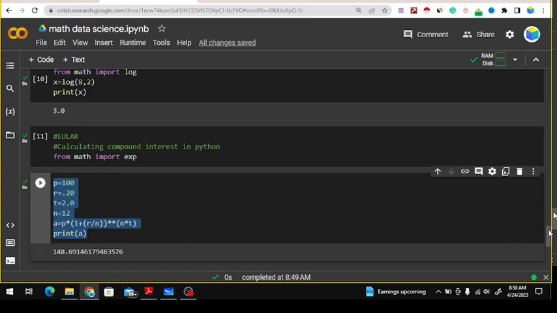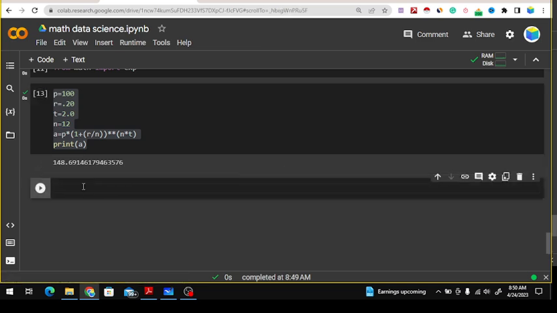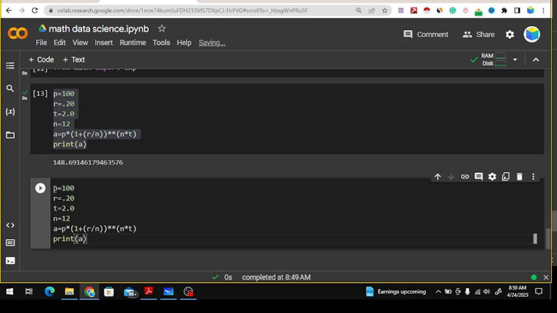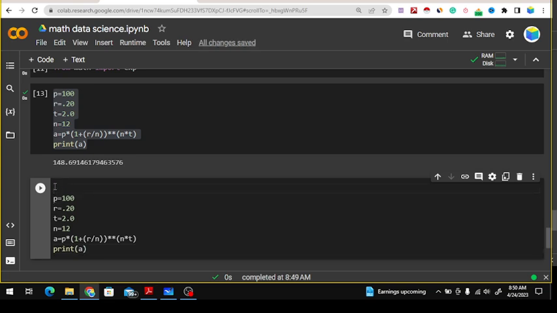Control C here. If we compound interest daily, we will change n to 365.